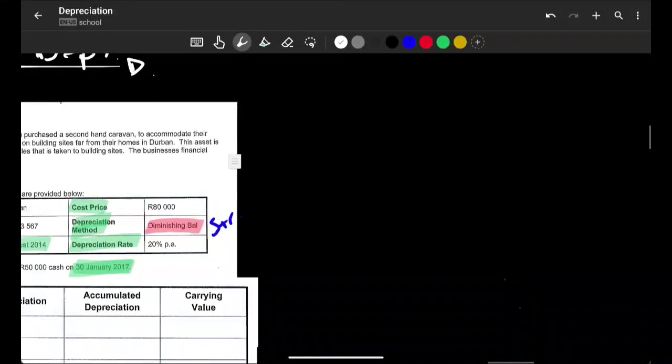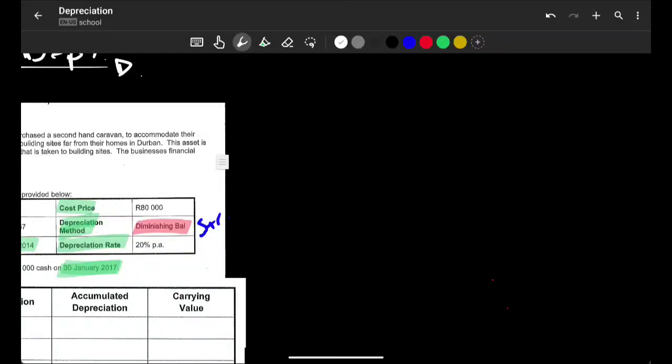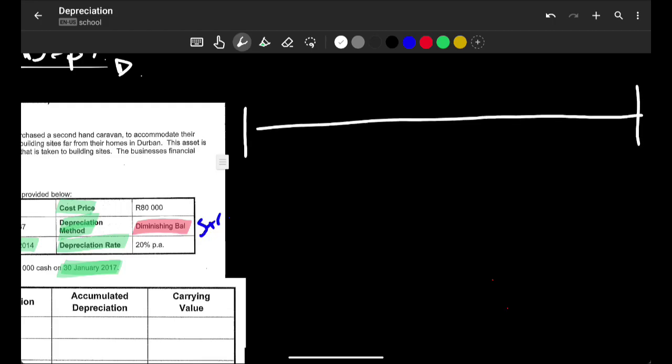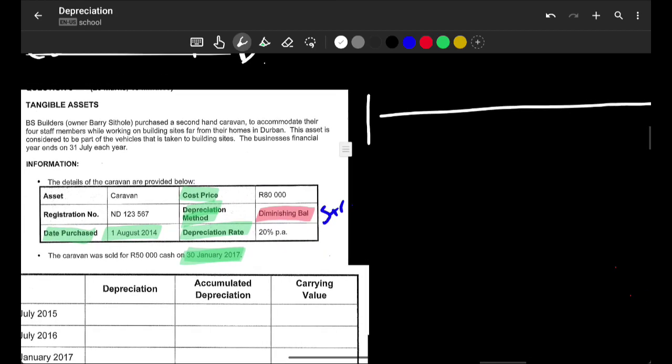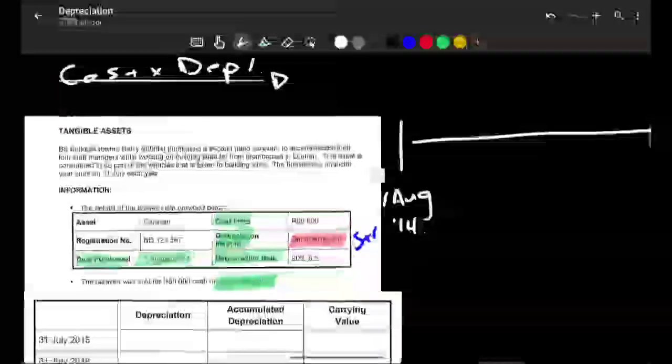So the easiest thing, the first thing that I would suggest that you always do is drop a timeline, right? Drop a timeline so that you understand how old this asset is and how the financial year goes, right? So one, we have the date that it was purchased, so that is 1 August 2014. Then we have the end of the financial year.